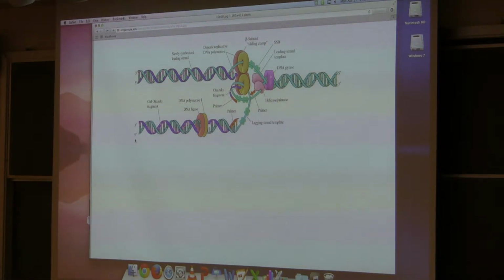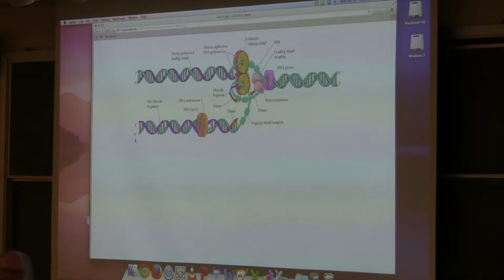It makes a little piece of RNA. And then the DNA polymerase grabs that piece of RNA and says, oh, here's a start. I'm going to extend from this point forwards. And so the DNA polymerase attaches to the RNA, and everything is fine.